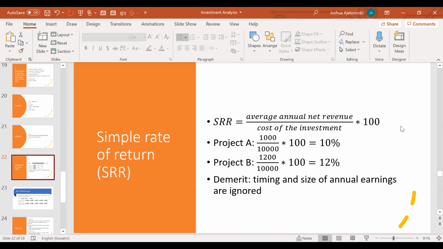I did it manually. You do what? I did it manually, not in R. No, you don't have to. You just type it. Just type 1,000 over 10,000 multiplied by 100. That's all.